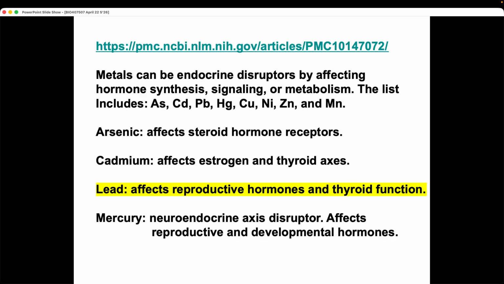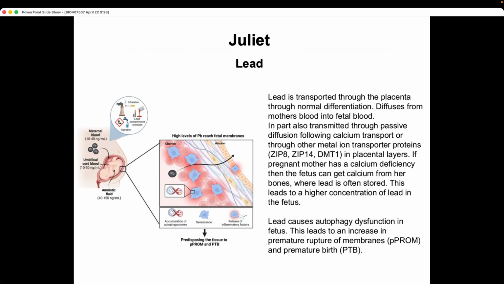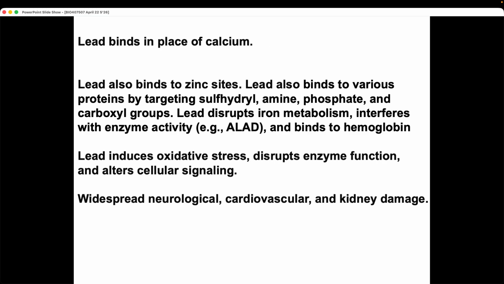I've just done this as a way to say, let's dive into some examples. There's a bunch of metals that are teratogens for sure, and what about them? Juliet brought up lead, and we learned about lead and its role in replacing calcium. So I have a little summary here.